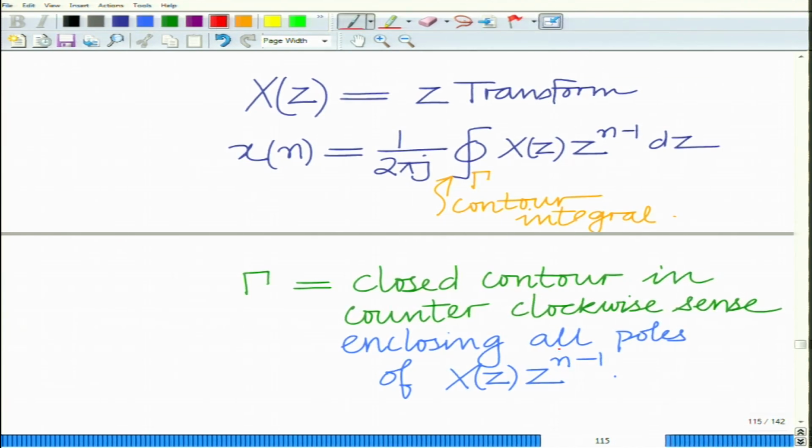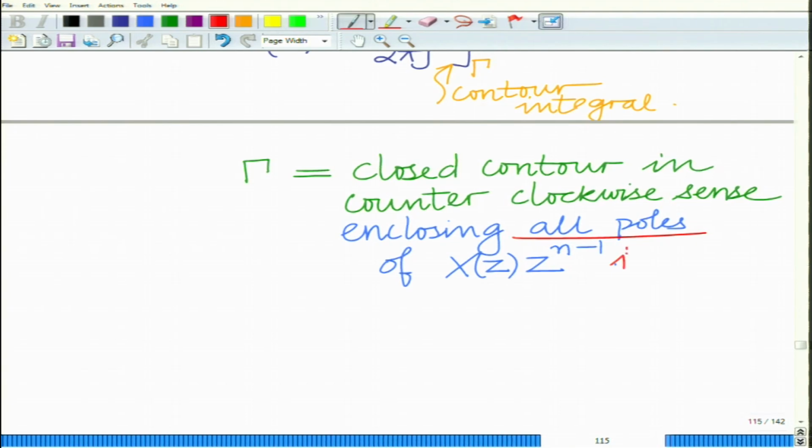So, this integral has to be evaluated over this closed contour gamma, which is a closed contour in the counterclockwise or anticlockwise sense. It encloses all the poles of X(z) z^(n-1) and has to be inside the region of convergence of this Z transform, inside the ROC.